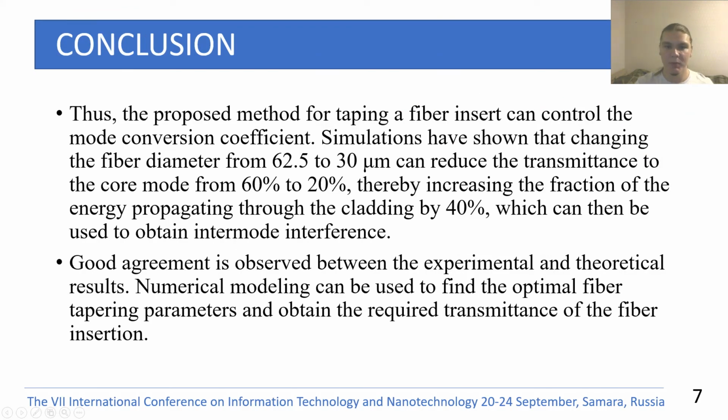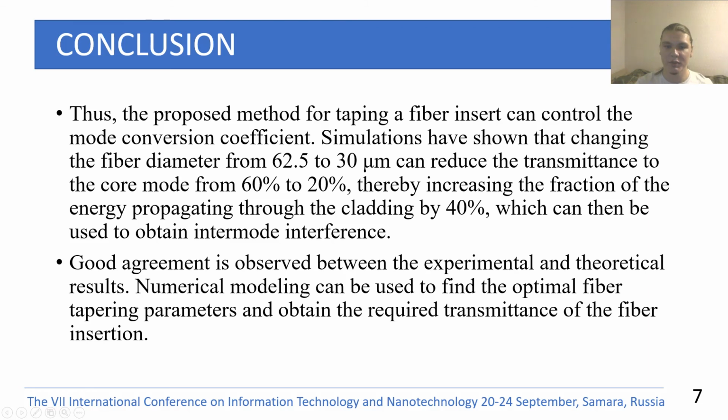The proposed method for tapering a fiber insert can control the mode conversion coefficient. Simulations have shown that changing the fiber diameter from 62.5 to 30 micrometers can reduce the transmittance to the core mode from 60% to 20%, thereby increasing the fraction of the energy propagating through the cladding by 40%, which can then be used to obtain intermode interference.